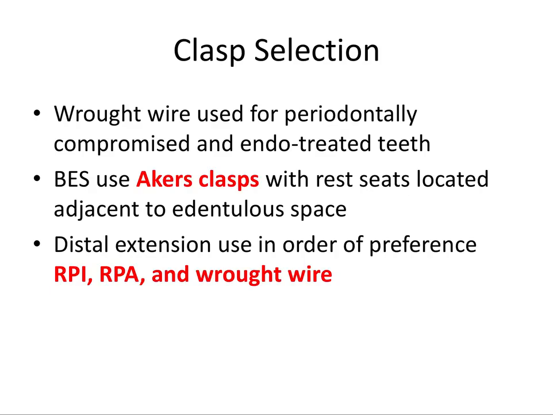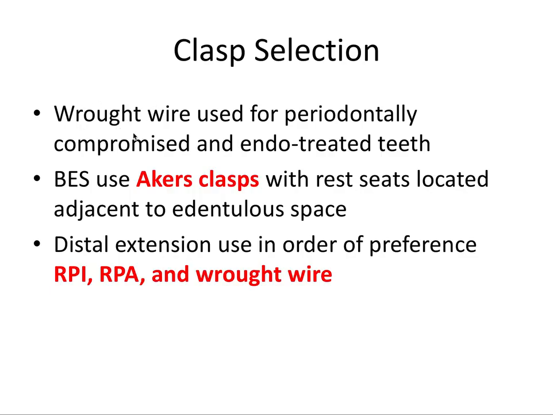The nice thing about it being more flexible is that it puts less torque on teeth. So it's recommended for periodontally compromised and endodontically treated teeth, because these are already teeth with some trouble, not ideal for abutment teeth, and so we want to put a little bit less pressure on those and use wrought wire instead.